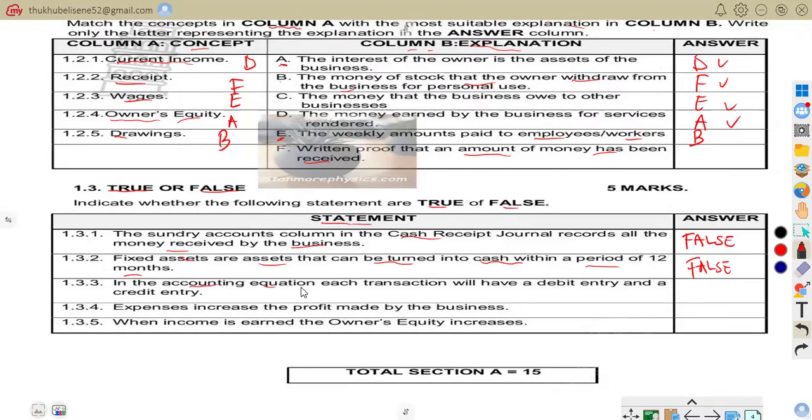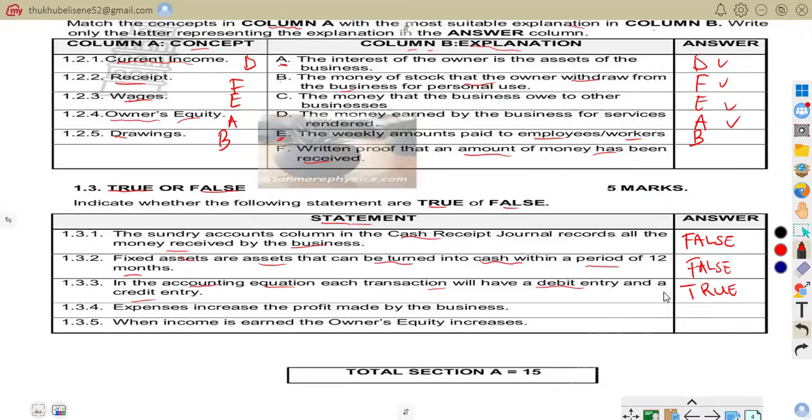1.33: in the accounting equation, each transaction will have a debit entry and a credit entry. This is true, because every transaction affects two accounts according to the double entry system.